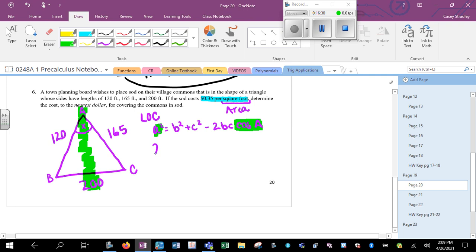Let's fill in what we know. A is 200 squared. B is 165 squared. C is 120 squared.